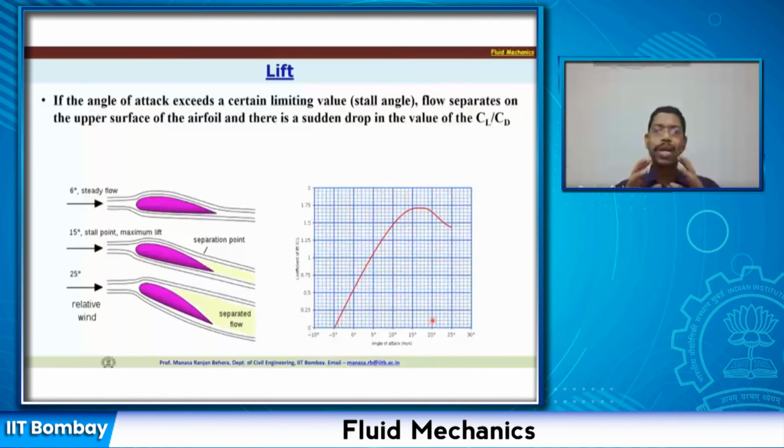And if it happens, what will happen in a realistic scenario? Imagine an aircraft is moving, and suddenly the drag is going to increase so much and the lift is going to reduce. So first of all, the aircraft will slow down. In addition, the moment there is a sudden drop in the lift, the aircraft can suddenly fall.